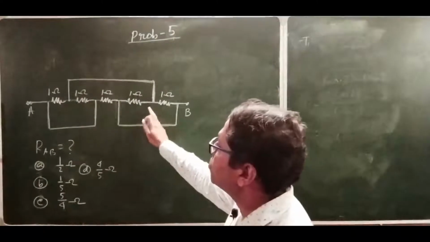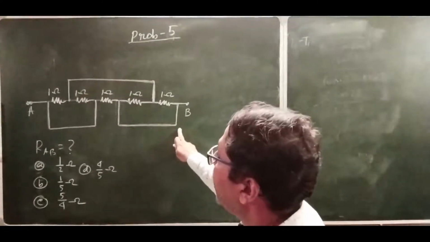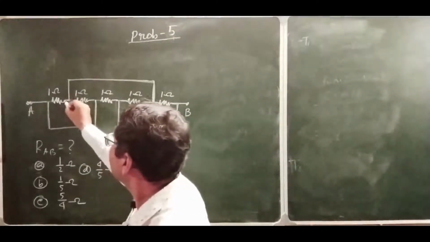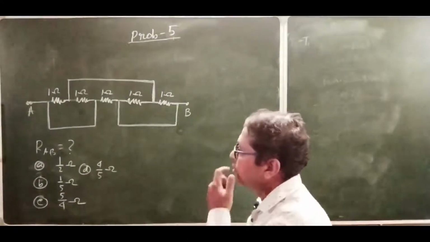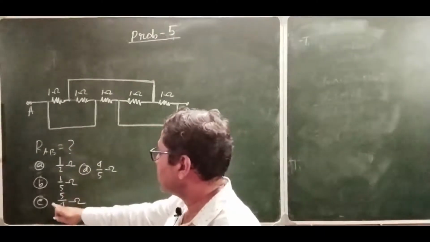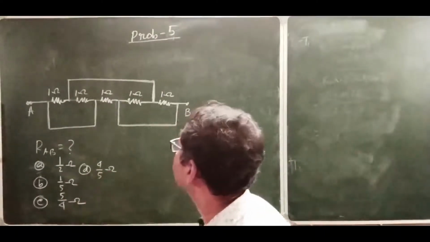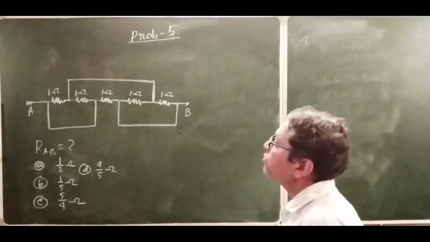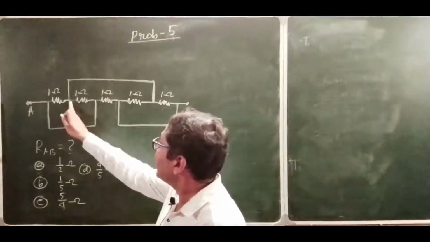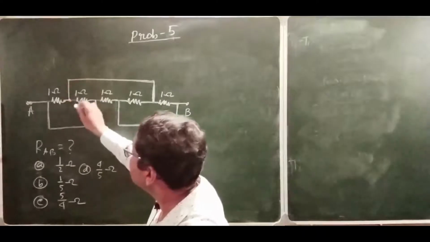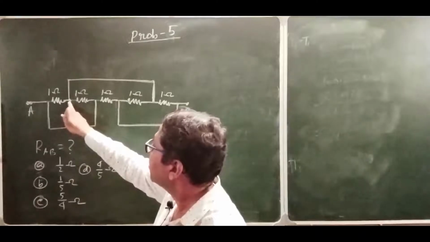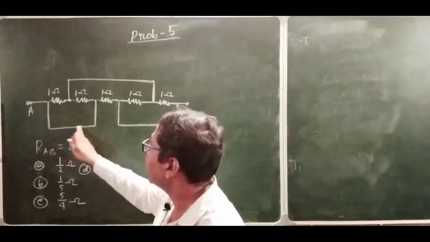The next problem shows this type of circuit where 5 resistances each has a value of 1 ohm are connected in this manner, and the required is the equivalent resistance between the points A and B. Here are the options. 4 options are there. Now if we closely watch this circuit, we can see that from this point to this point, one end of each of these 2 resistances are connected and the other 2 ends are connected together.